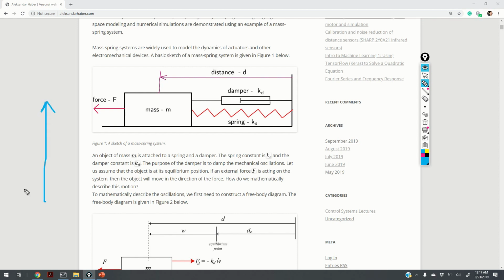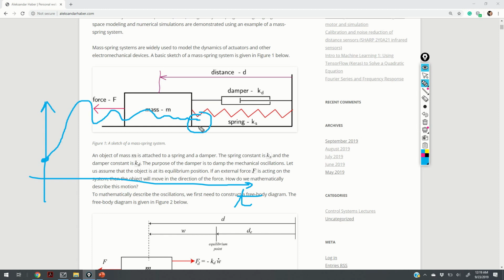Well, if we go back to our graphs, if this is the initial point, and we apply and keep a constant force, the oscillations will have the following form. After some time, the system will settle around another steady state point.